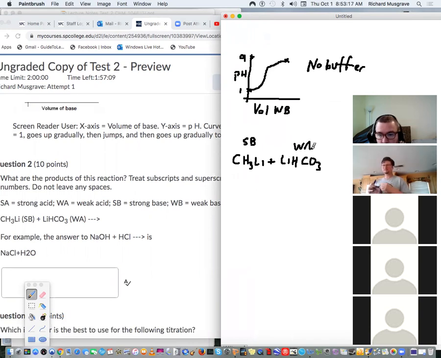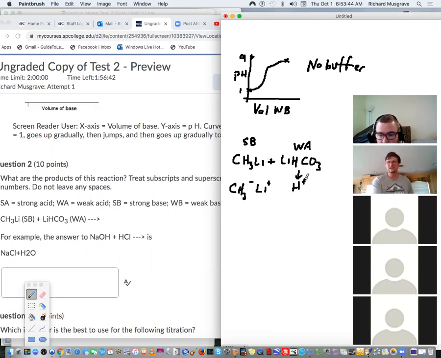The clue I'm using here is that I know this is the weak acid, so I know it's producing H+. And the CH3Li, I would split into CH3- and Li+, the metal ion always taking on the positive charge and everything else taking on the negative charge.